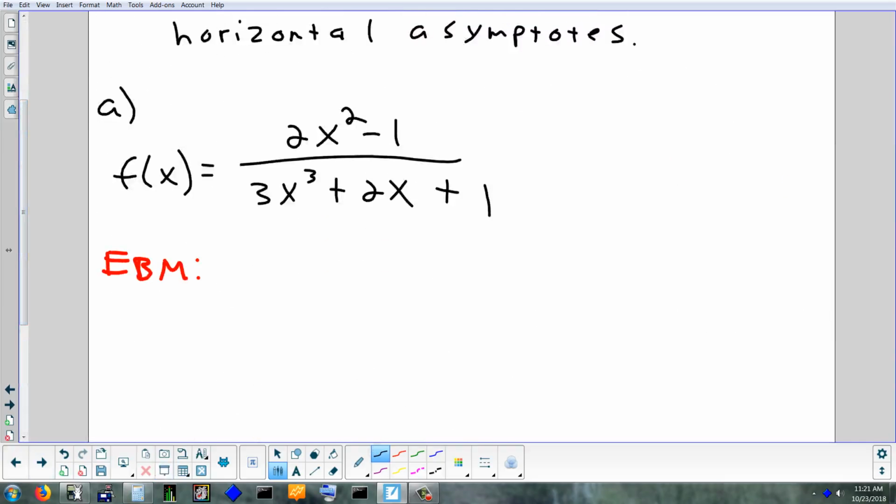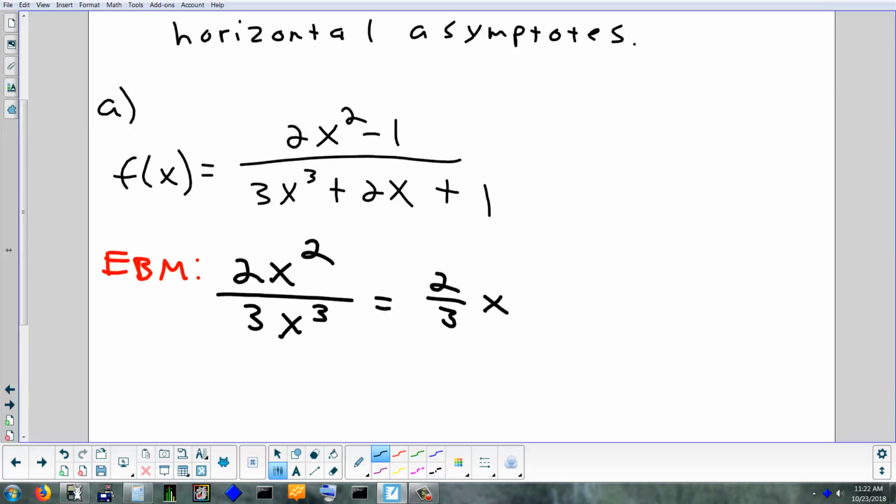Kathleen, what would be the term that would describe the end behavior for the numerator? 2x squared. Yep. 2x squared divided by. And what would be the term for the denominator that would describe the end behavior? Okay, 3x cubed. Now, 2 over 3, that doesn't reduce. If it was like 2 over 4, then I could. But I'll just leave that part as 2/3.